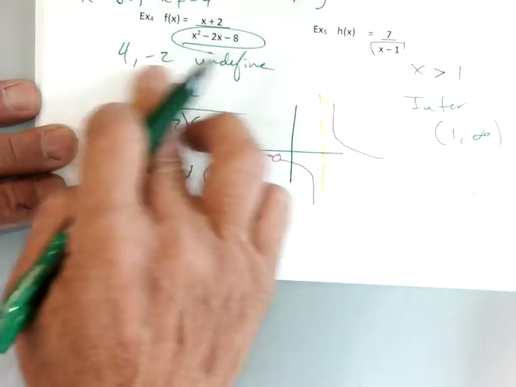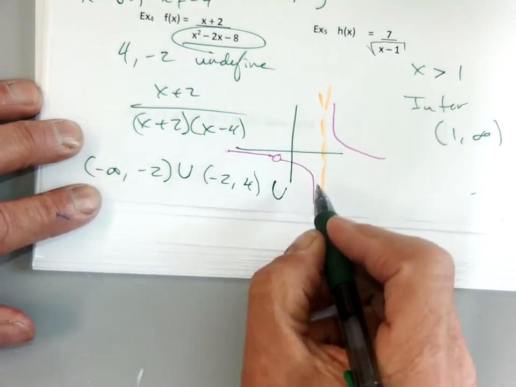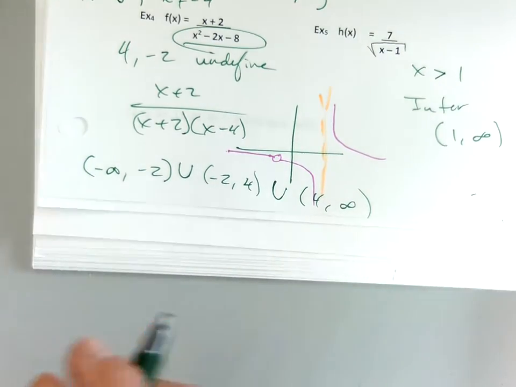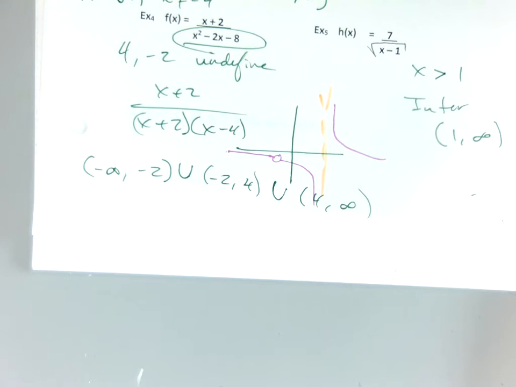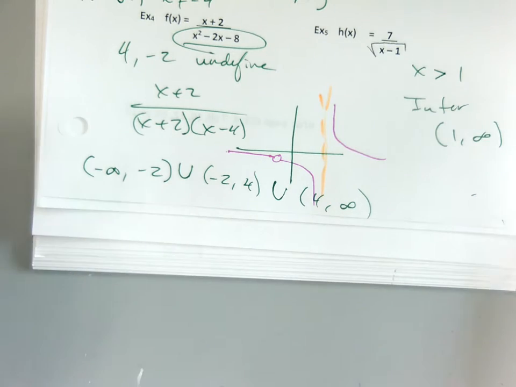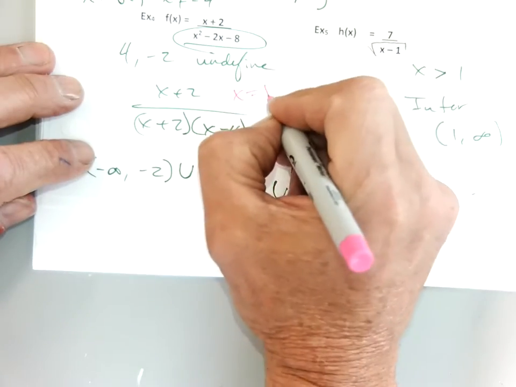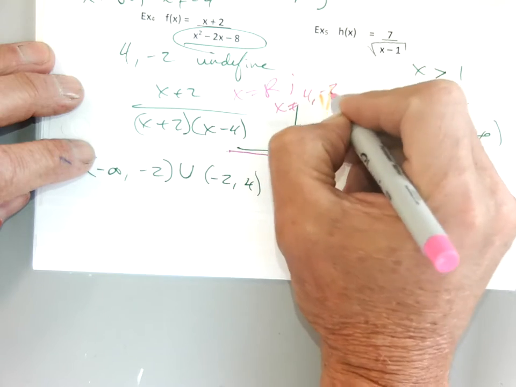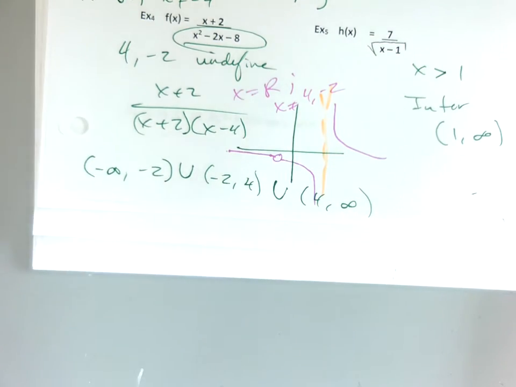Union, oh boy, 4, comma, infinity. How's that for interval notation, huh? That is a chonker. Or I would just say, to make it easy, x equals all real numbers except x cannot equal 4 or negative 2. That's easier to write than interval notation.